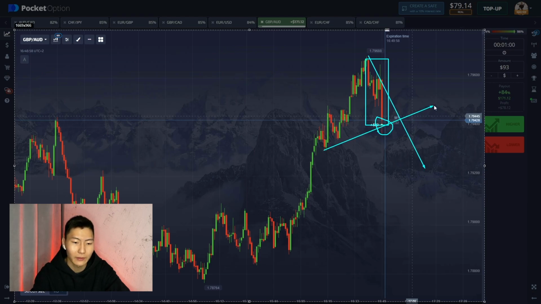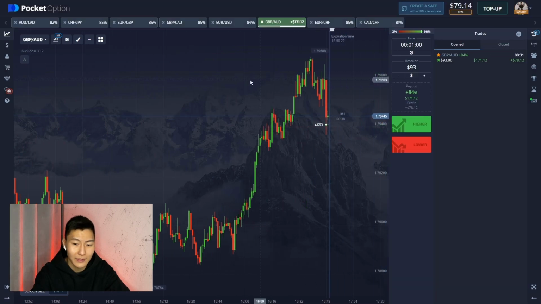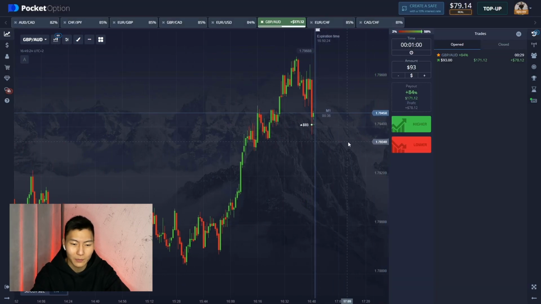We are countering on a pullback, and we already see a nice breakout. Actually, it was a fantastic trade, 100% position. It feels so good to find this kind of trade entry. So counter trend trade entry, and it played out perfectly.